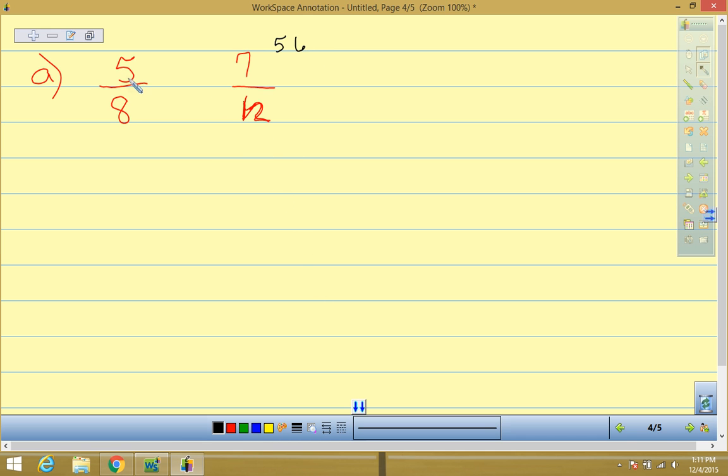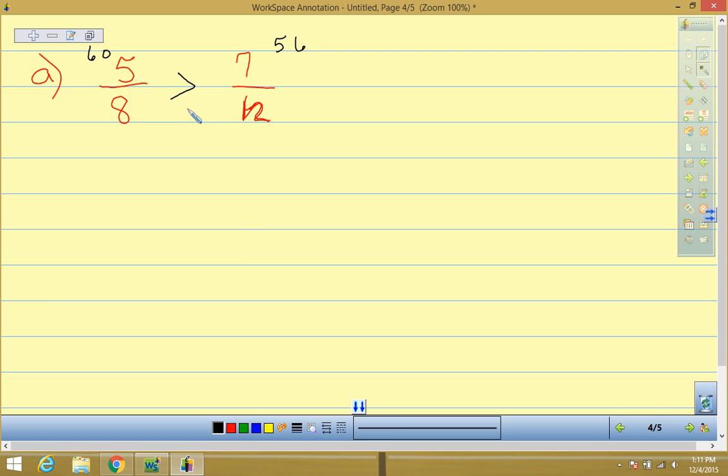What is 12 times 5? 60. And I put that over here. Which one's bigger? The 60, or 5/8. Right. So then in the middle of my two fractions, I'm going to put the greater than symbol. By doing this, I'm showing my work of my multiplication, and I'm putting my answer. So 5/8 is greater than 7/12.